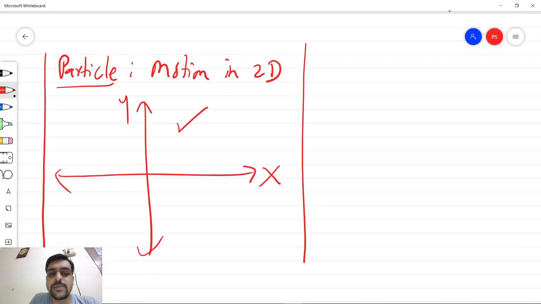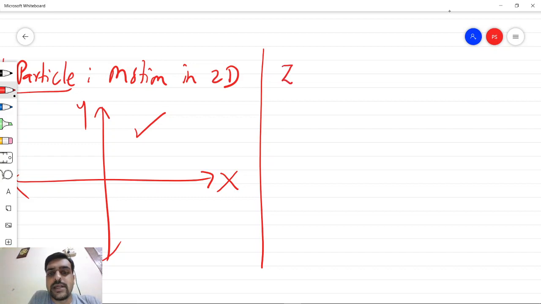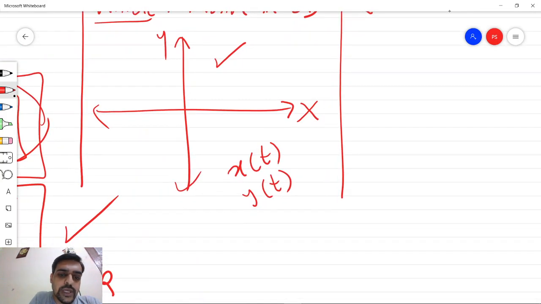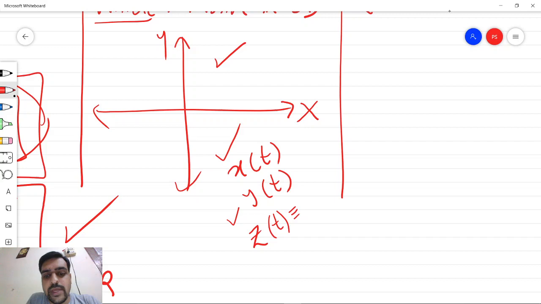So there is something in common. So let us consider a particle where x is a function of t, y is a function of t. So both x and y coordinates of the particle change with respect to time t, and hence the z, which can be defined as a combination of x and y, is also going to be a function of t.